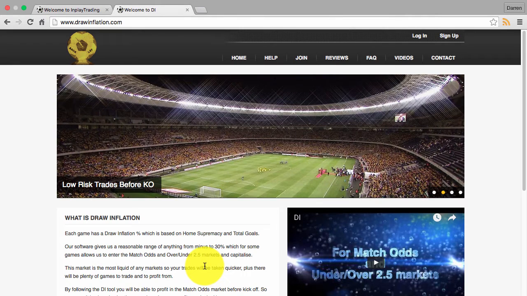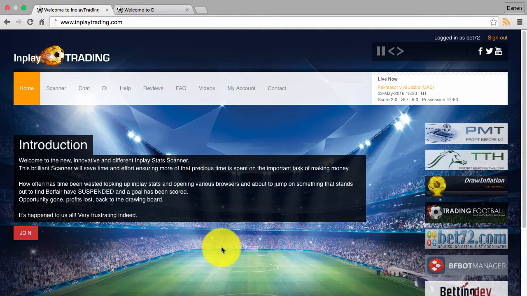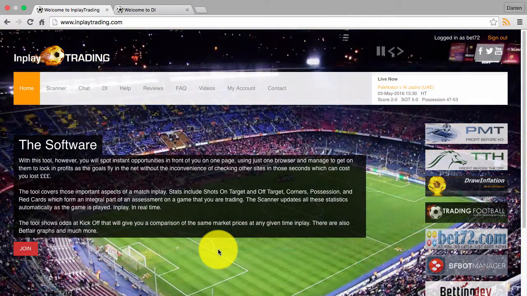It's actually a standalone service, but for now, all members of the InPlay trading community will get access to the draw inflation tool absolutely free, and it will be available as soon as they log in.